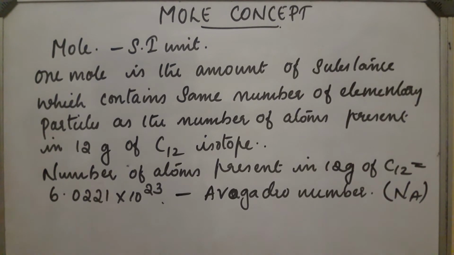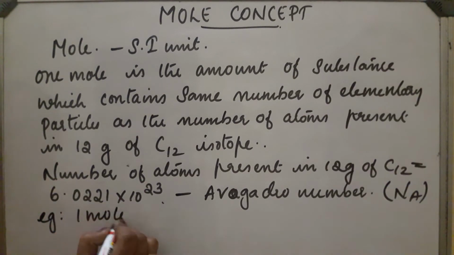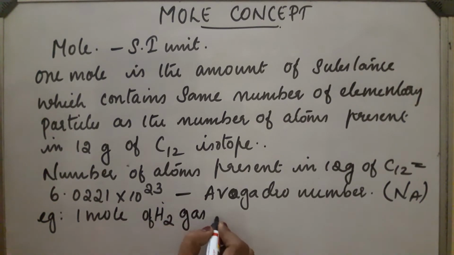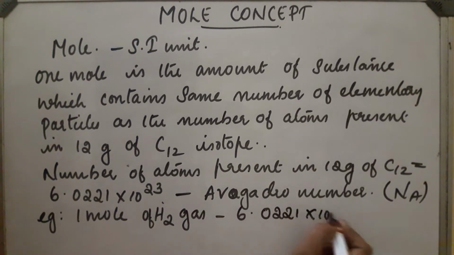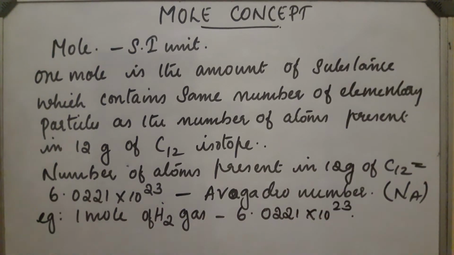For example, 1 mole of hydrogen gas contains 6.0221 into 10 raised to 23 particles. Similarly, 1 mole of oxygen gas also contains this much number of particles.